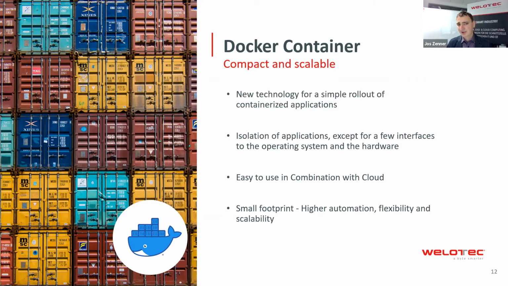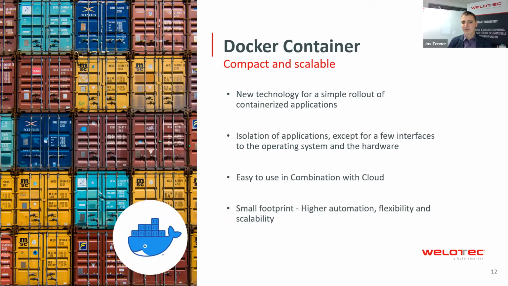So as mentioned before, you have the isolation, which is similar to virtualization. So if one microservice, one container fails, it does not affect the others. Then you have another advantage, which is that you can use it very easily together with a cloud system. So containers are easy to deploy from central systems, which gives you a lot of advantages when you want to have larger rollouts.